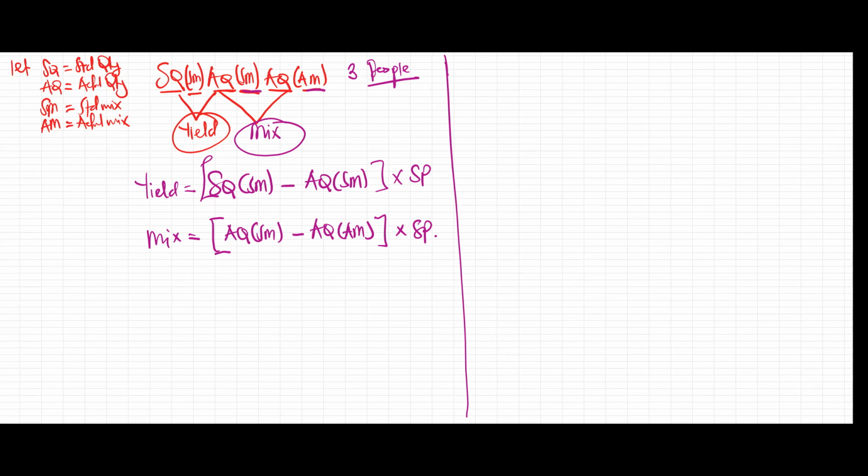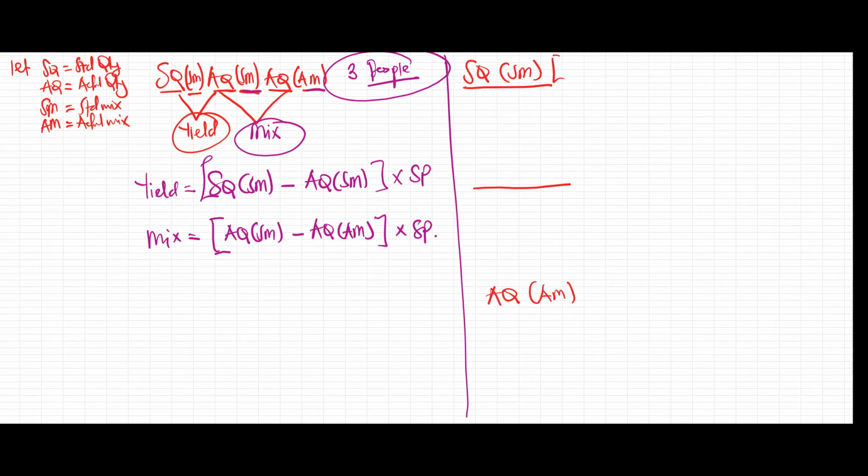In any mix and yield question, there are only three people you need to find: SQSM. So you do workings for SQSM, then you do workings for AQAM.